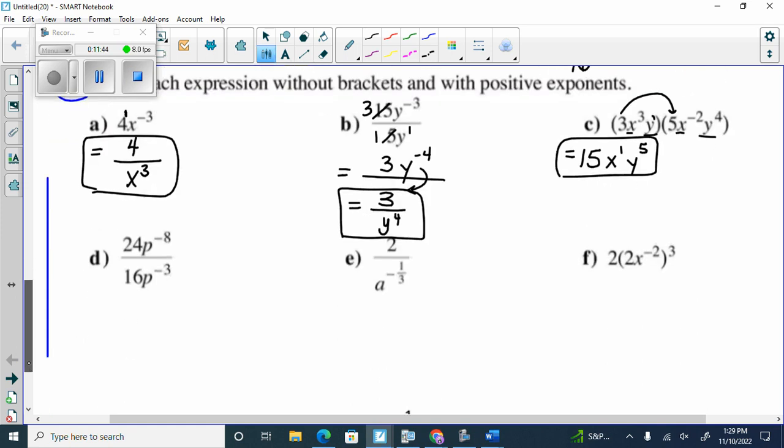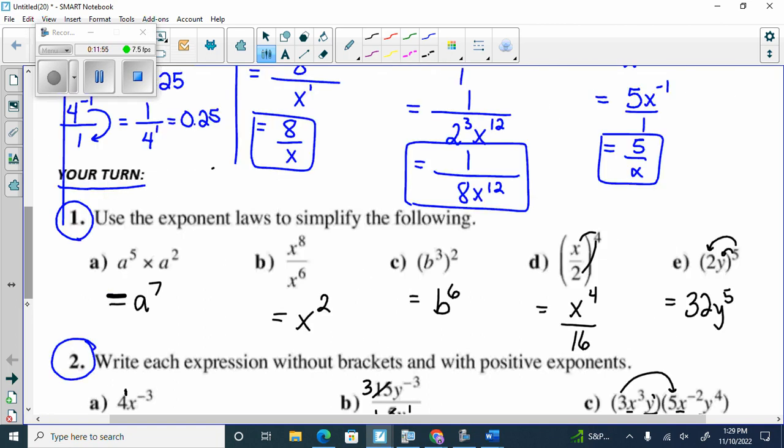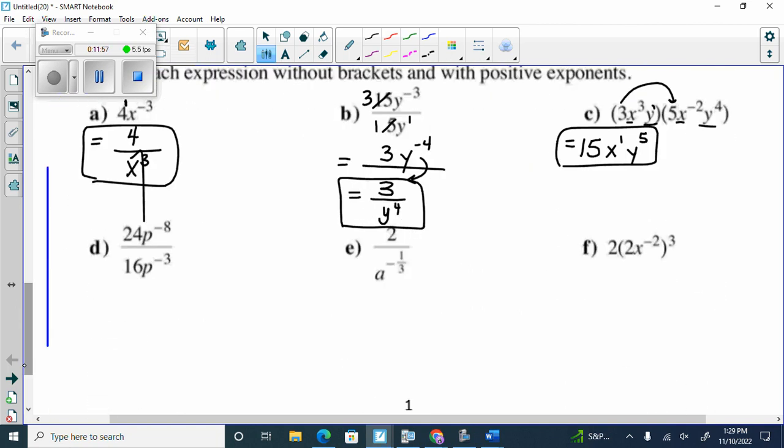Okay. Now we have 24 and 16. What can I take out of both of those? 8. 24 divided by 8 is 3. 16 divided by 8 is 2. So I know I have a 3 in the numerator and a 2 in the denominator. And then I have division, so I have to subtract my exponents.